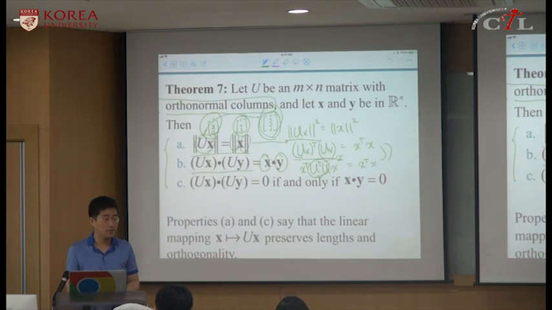We pick any two given vectors, and then we compute the inner product between them. That inner product doesn't change at all, even after we transform x and y through matrix U, and then the inner product will not change. Okay.